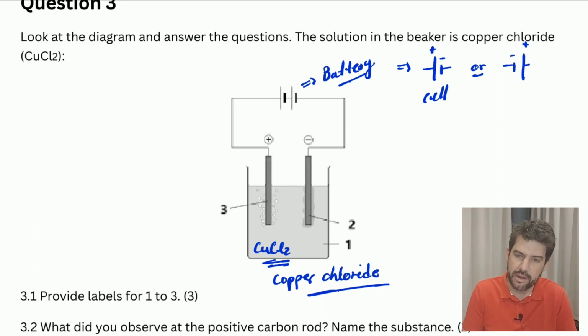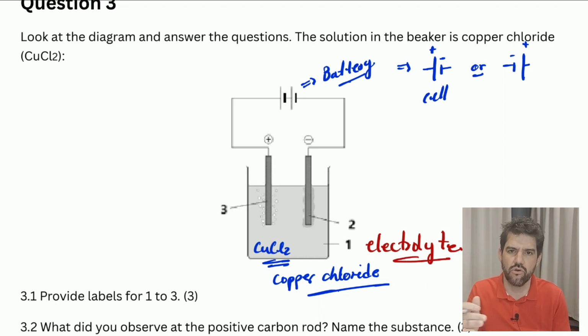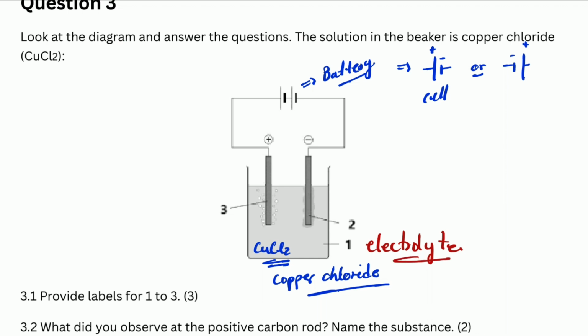So that is copper chloride solution. However, for further reference, this one is called electrolyte, which is a solution that can conduct electricity. It's an electrolyte of CuCl2, which is called copper chloride. So that is number 1.